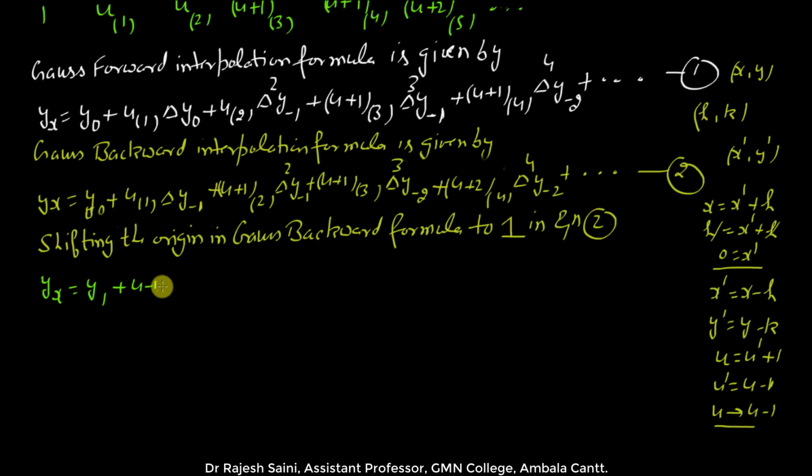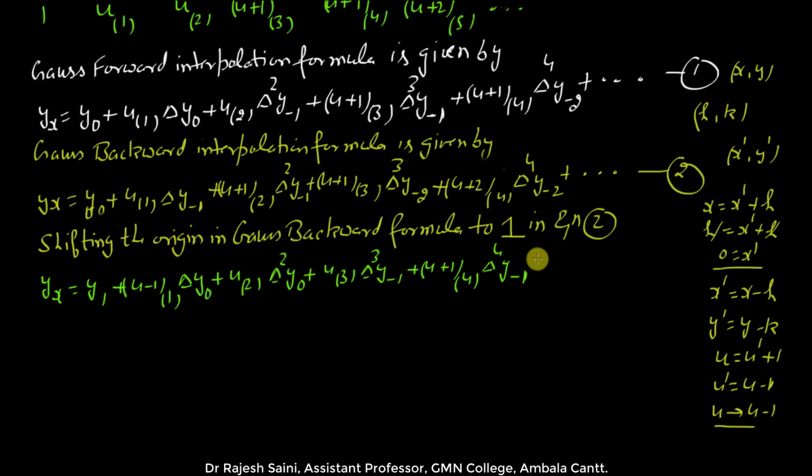Find u minus 1 term below term. Make sure term below term. u1 will remain, the index will remain the same. Delta, this will become y naught plus u 2 delta square y naught plus u3 delta cube y minus 1 plus u plus 1 subscript 4 delta 4 y minus 1, plus so on. Done, and you are going to name this equation as equation number 3.